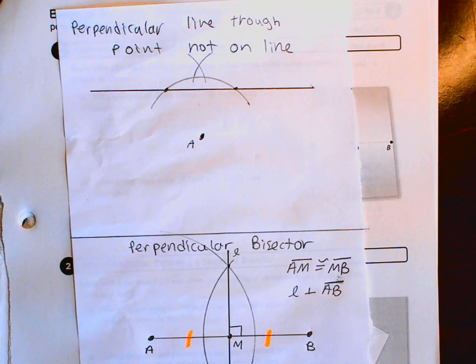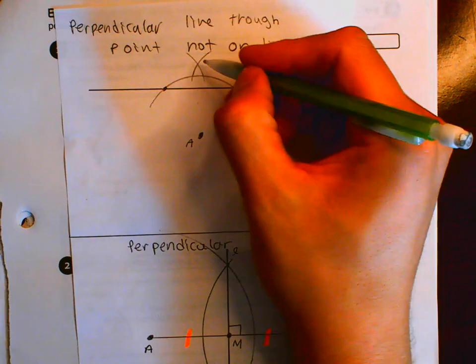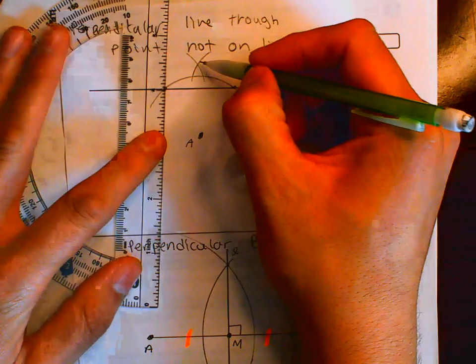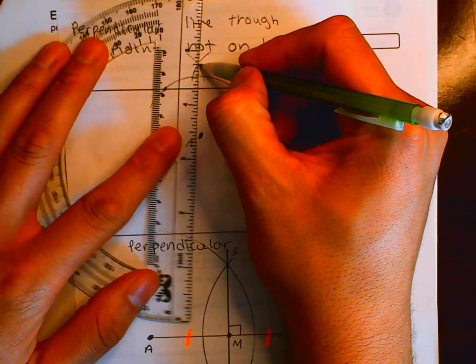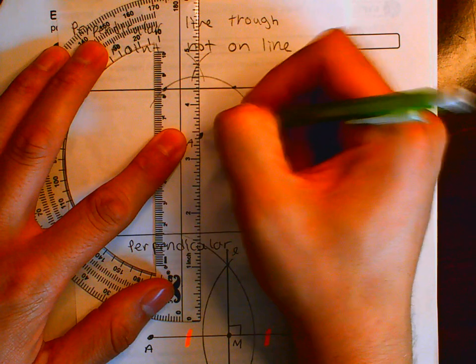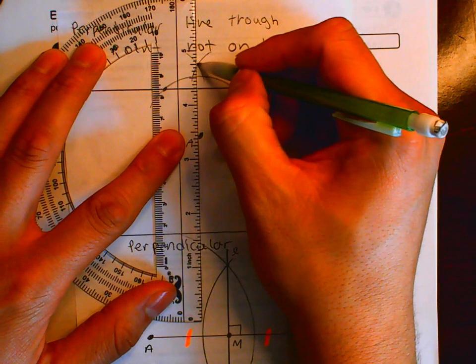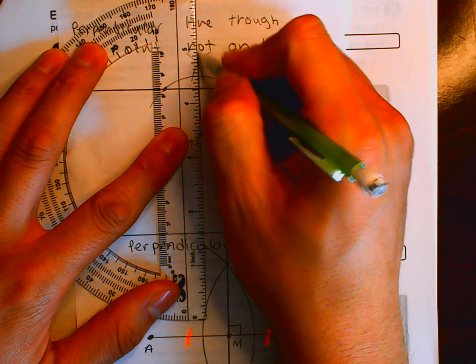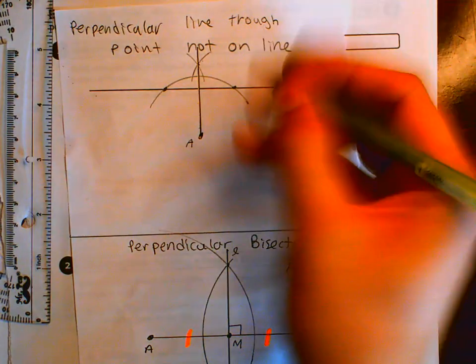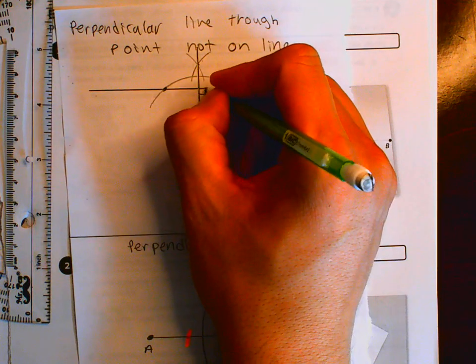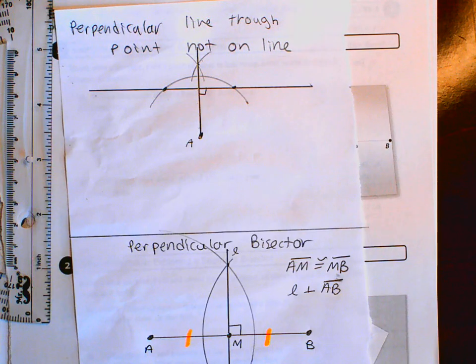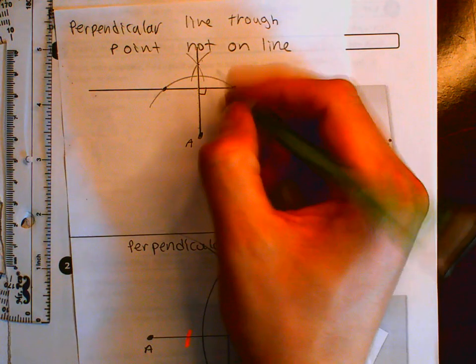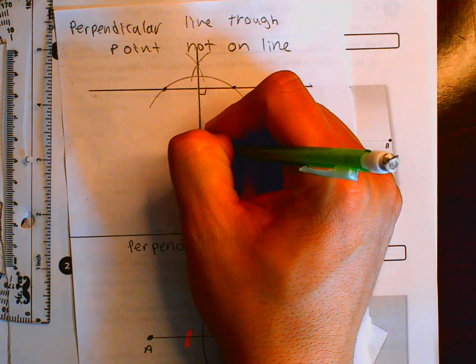Now you're going to look at that point of intersection right here and line it up to A, like this. What this does is make a perpendicular line. I can extend the line if I want to, but you don't have to.